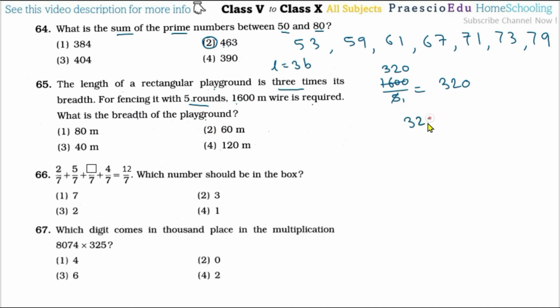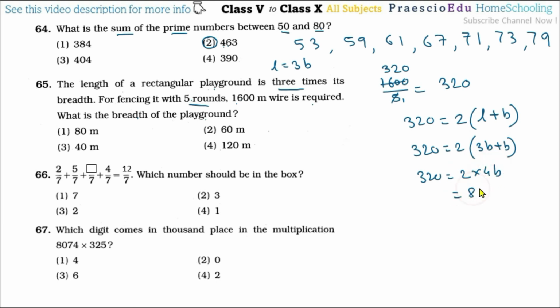The perimeter is 2 times the sum of length and breadth, that is 2 times (3 times the breadth plus the breadth). So 320 equals 2 multiplied by 4 breadths, that is 8 breadths. So 320 divided by 8 gives the breadth, which is 40. So breadth is 40 meters, and 40 meters is given in option number 3.